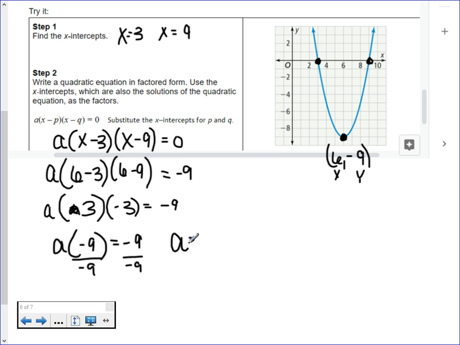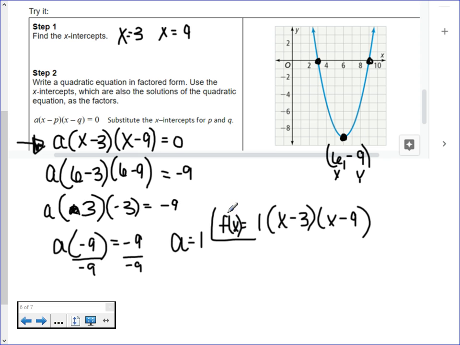So a equals 1. Now we're going to go back to our original right here, the factored form, and instead of a, we're going to write 1. You could say f of x equals, and you're done.